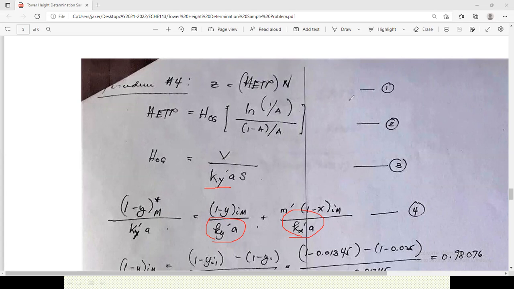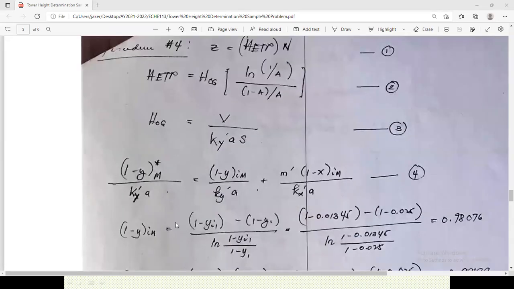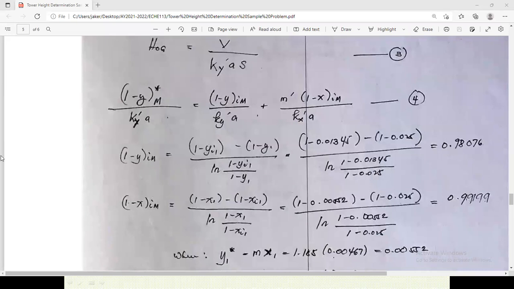Now, in the formula that you are seeing in class, this one is not known, this one is not known. So meaning you need to determine it and this one. Okay? How do we determine those? So you have here the formula for the quantity 1 minus y subscript im. And since we know already all concentrations, we just substitute. For the quantity 1 minus x, close quantity im, so this would be the value. Now, you could see this one, the 1 minus y asterisk subscript m.